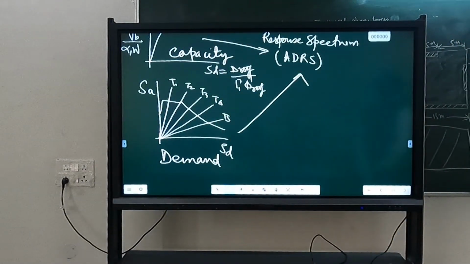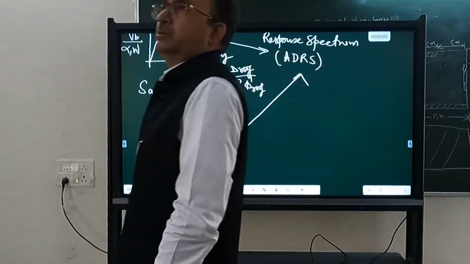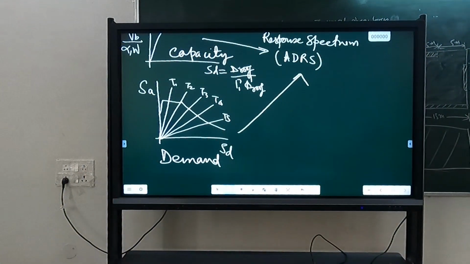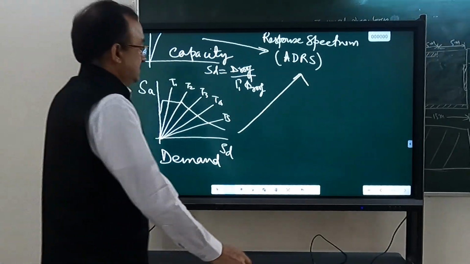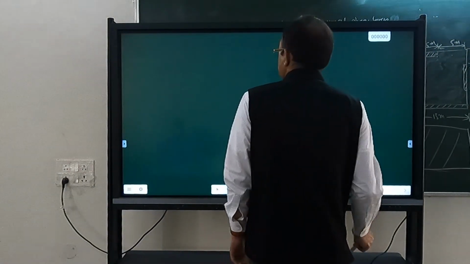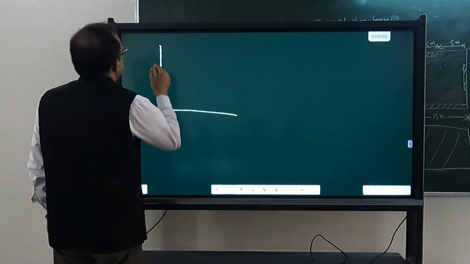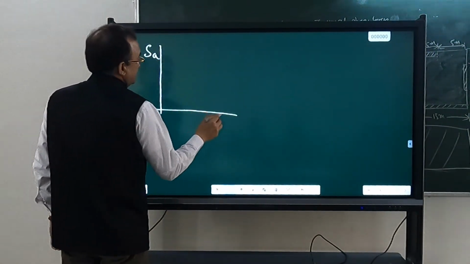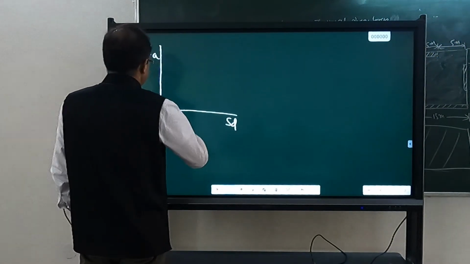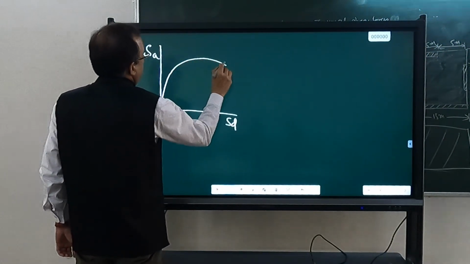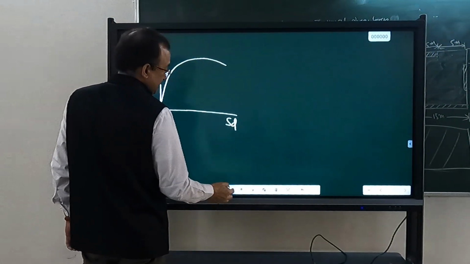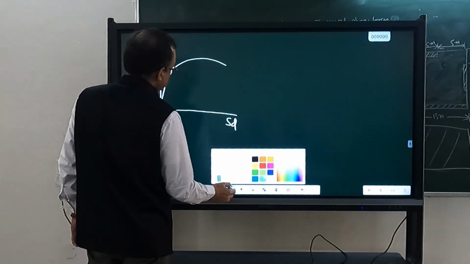Once both demand and capacity are plotted in the same format, now you can compare the capacity and the demand.